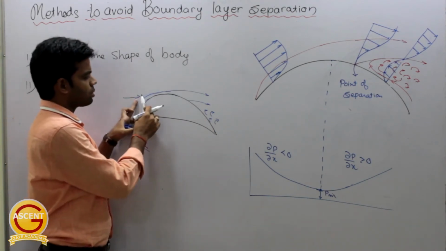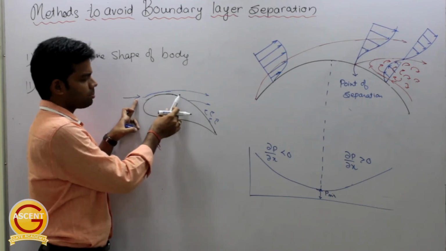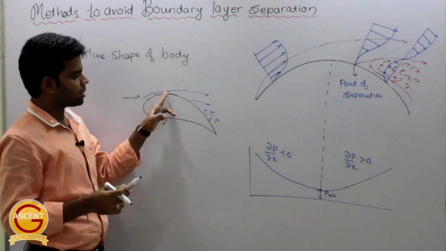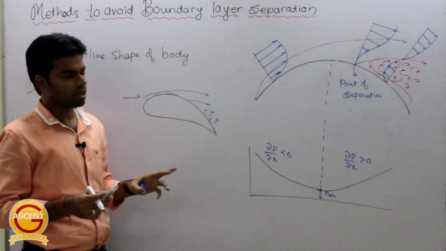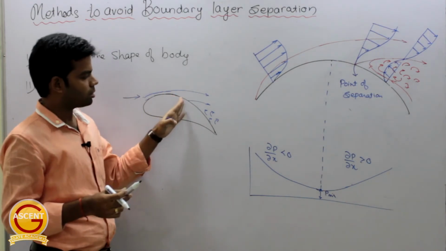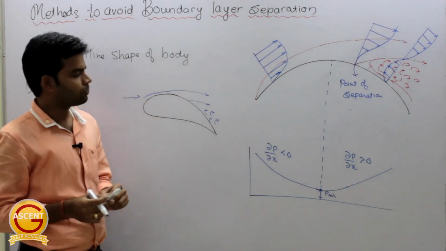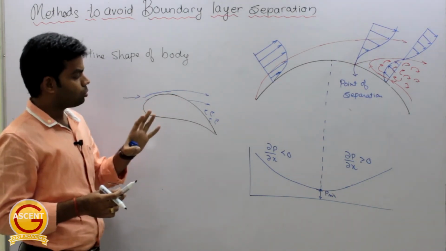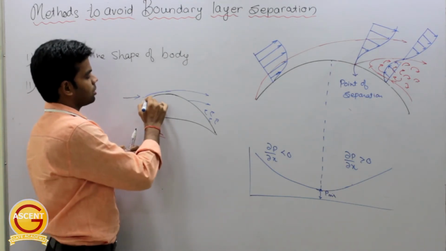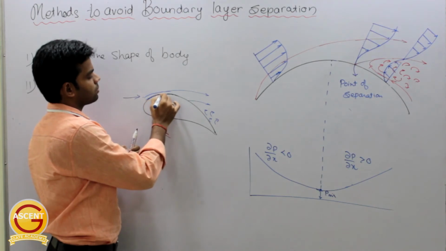As the air is flowing across this, the pressure in this region is increasing, and because the pressure is increasing, the velocity is decreasing, and at this particular point the velocity becomes equal to 0, and the separation will start from here. That actually is basically because of the layer which is in contact with the surface.